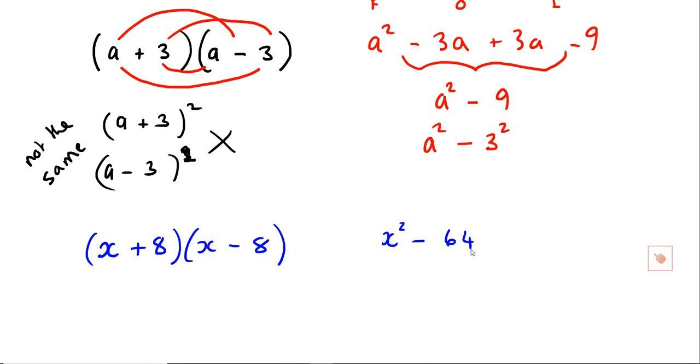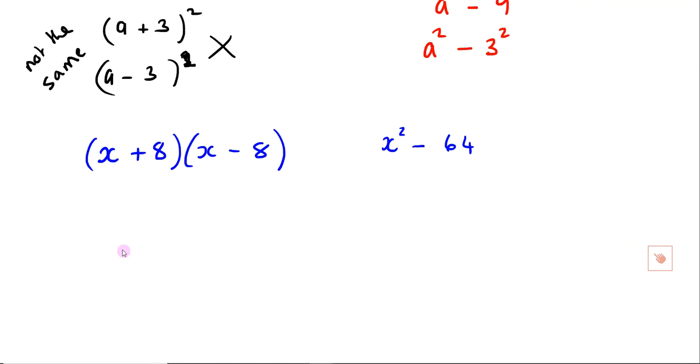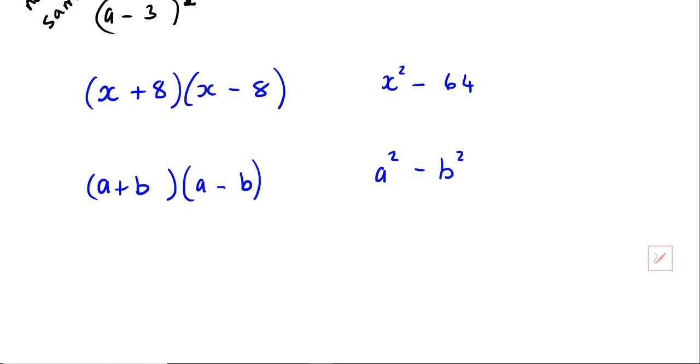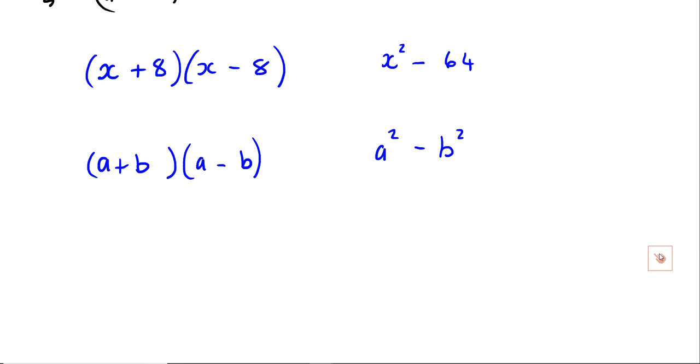If I said to you, expand a plus b times a minus b, making sense? We don't need to go straight there. We could do FOIL like we did with the first one, but if we can see what the difference of two squares looks like, I can write that straight away. Which becomes more useful when we want to go back in the other direction.